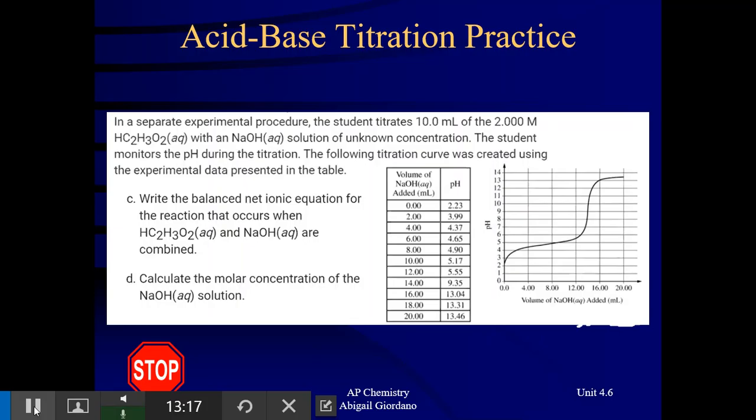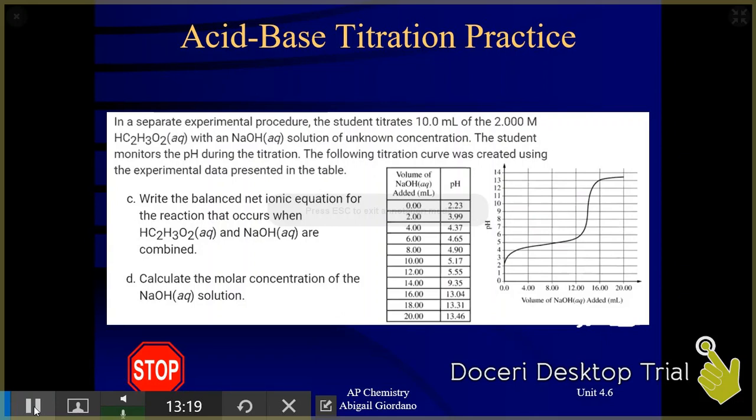All right, before I pull up the answer, I want to just call your attention to the fact that on this graph here, you are going to need to get a piece of information from it. And the thing to notice here is that the equivalence point is about right there, and I would estimate that that falls at about 14 milliliters, okay?